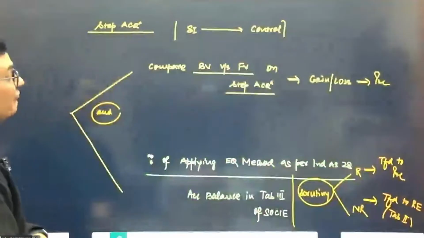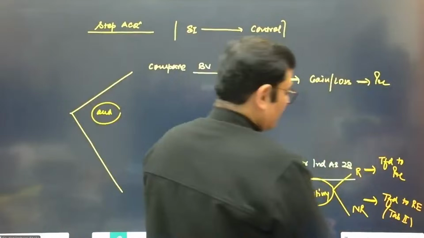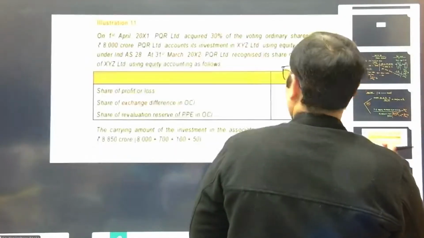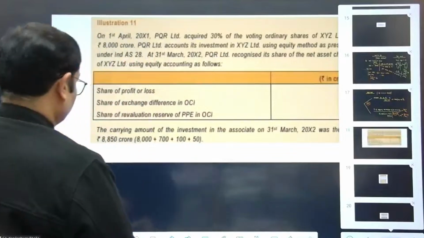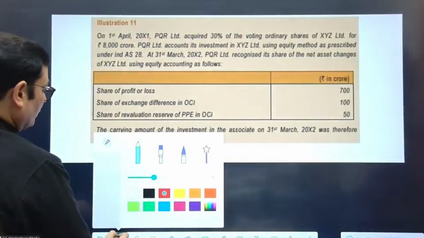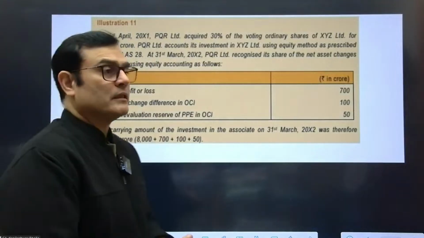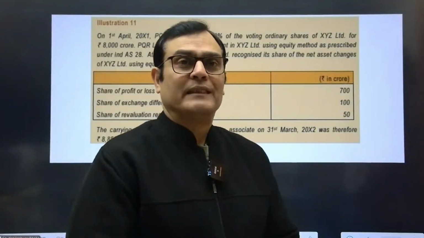Let's now have a look. There is a wonderful illustration in the study material, and I'm going to take you to illustration number 11. We're going to read this illustration. It's a beautiful illustration which involves a combo of Ind AS 28 and what is done in terms of step acquisition under Ind AS 103.